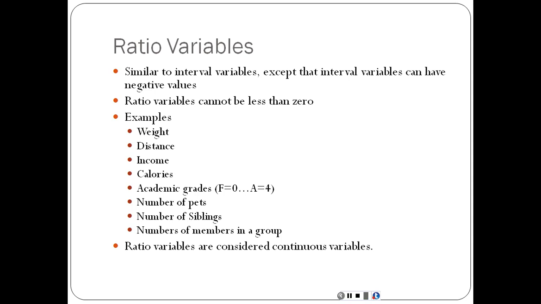For instance, if a grade of F was given, it would be given a weight of 0, D 1, C 2, B would be 3, and A would be 4. We can also ask the number of pets someone has, the number of siblings, or the number of members in a group. Now remember that ratio variables are also considered continuous variables.